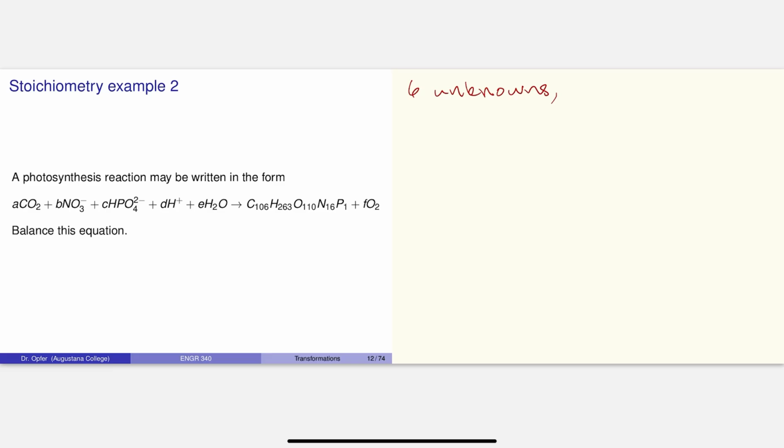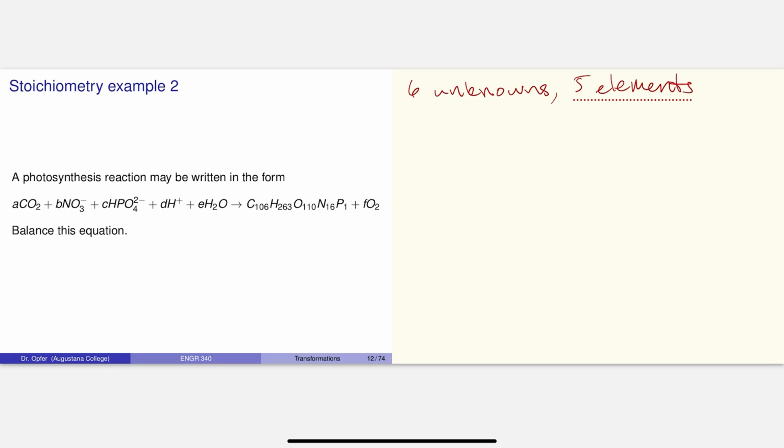So we've got carbon, oxygen, nitrogen, hydrogen, phosphorus. And I believe that's all. So 5 elements. If we tried to solve this problem just by balancing conservation of mass of the elements, we'd only have 5 equations, even though we have 6 unknowns. So this tells us that we need one other equation.